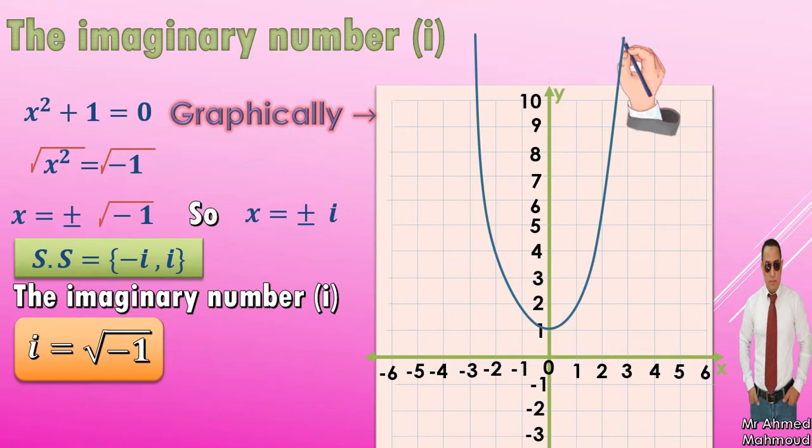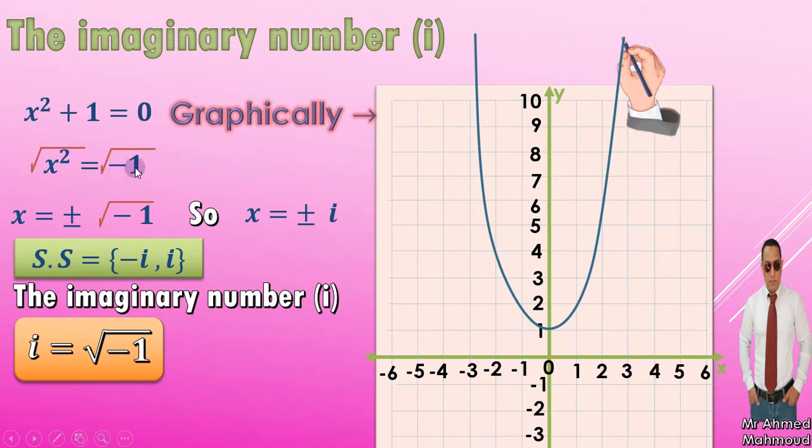Okay, now let's study the rules of the imaginary number I. This was an introduction for the meaning of the imaginary number. Because this curve doesn't intersect the x-axis, there is no solution in the real numbers.